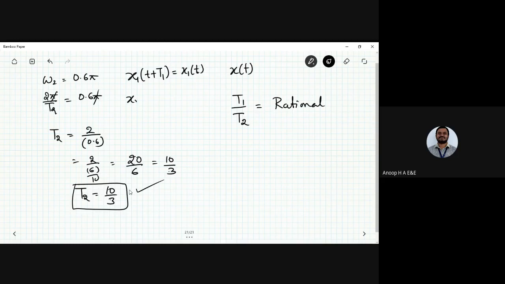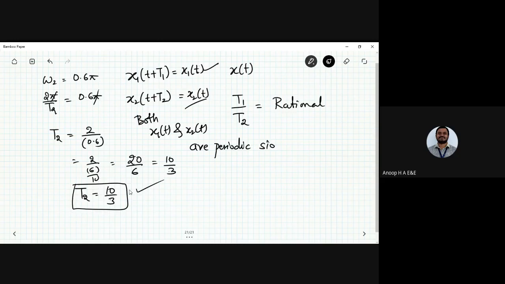Next, x2 of t plus t2 would be equal to x2 of t. So both x1 of t and x2 of t are periodic signals. I don't want to repeat it again and again. You need to keep certain things in mind and find out the fundamental time period of x of t.